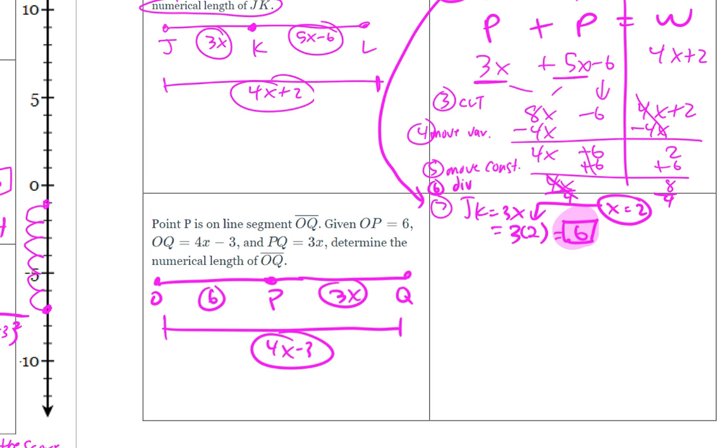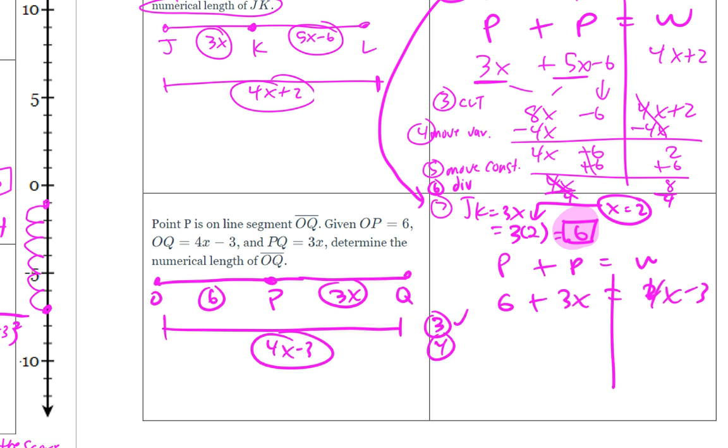Let's set that up: part plus part equals the whole. The first part is 6 plus the second part is 3x equals 4x minus 3. We ask ourselves if we can combine like terms. We can't. Step number 4, we move the variable by subtracting 4x.